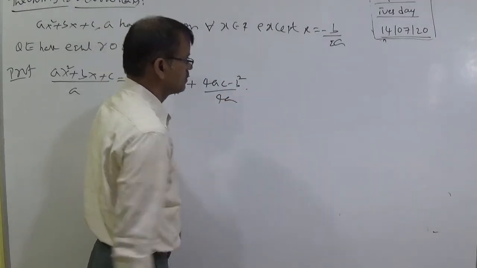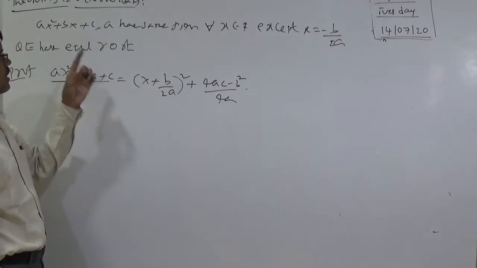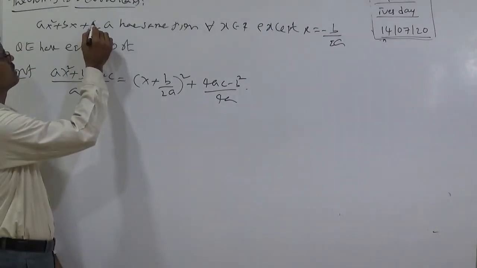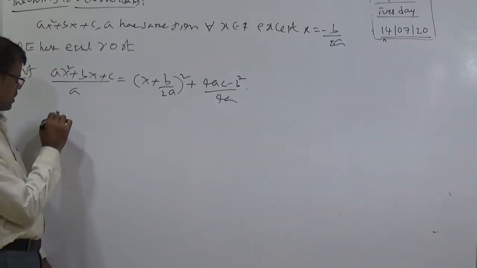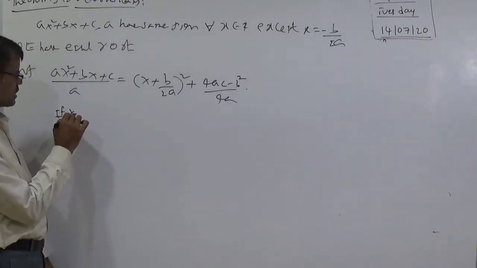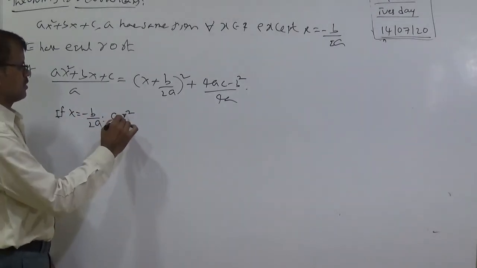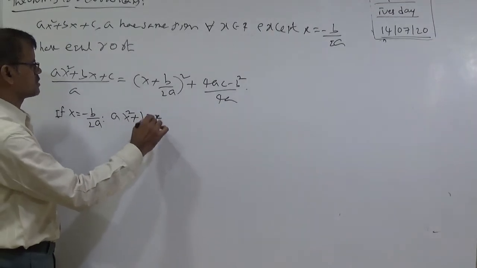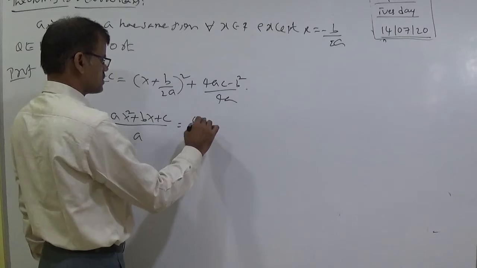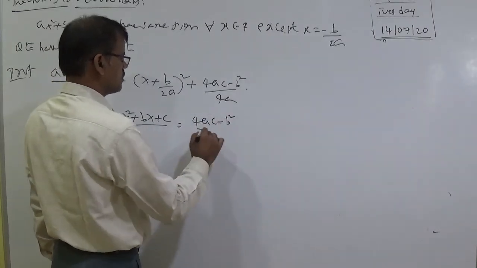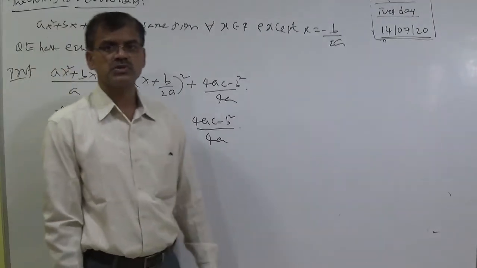by 4a. What he is asking is that the quadratic equation has equal roots whenever ax square plus bx plus c and a have the same sign for all x belongs to R except x equal to minus b by 2a. If I write here, if x is equal to minus b by 2a, then ax square plus bx plus c by a is equal to 4ac minus b square by 4a.